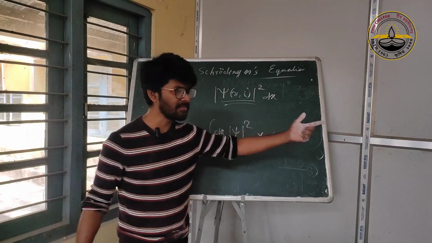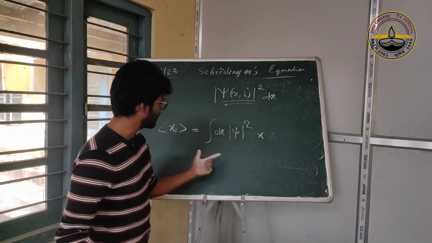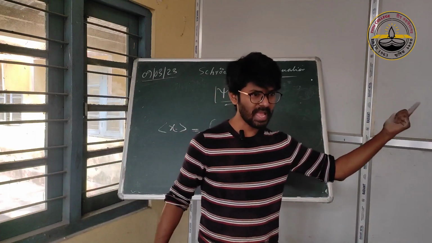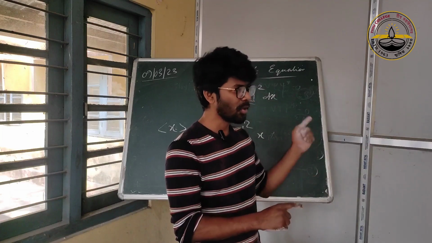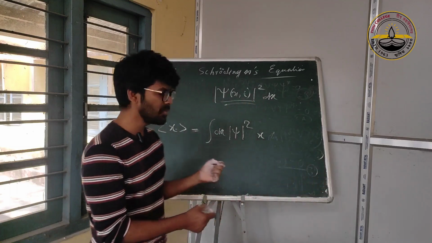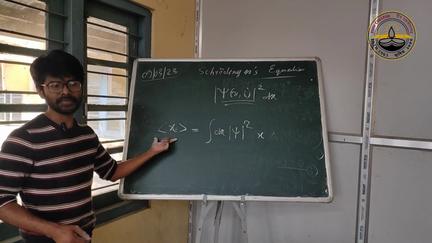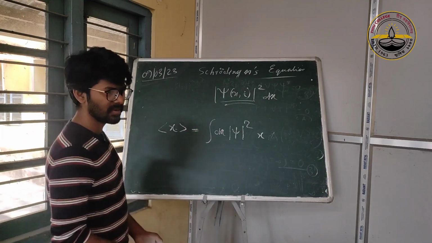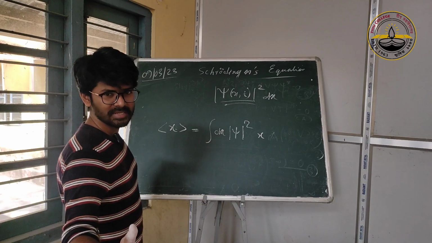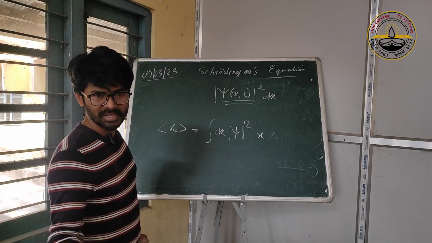But if you take only 5 boxes, your average will be quite different from this. If you take 5,000, 5 lakhs, then your experimental average will be closer and closer to this expectation value. Just like tossing a coin, okay? If you toss 10 times, you might get 6 times heads and 4 times tails.